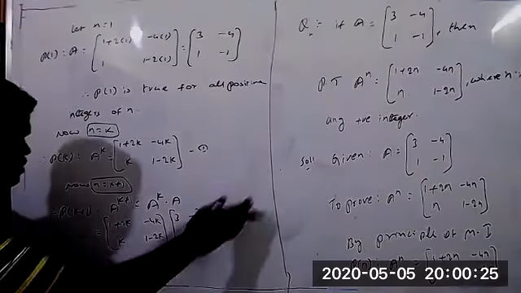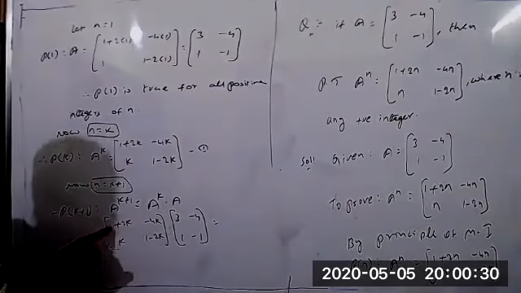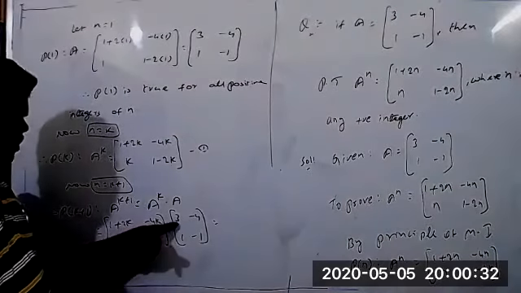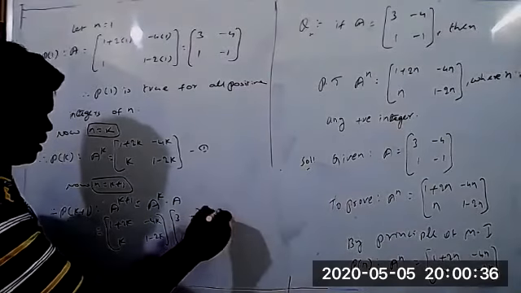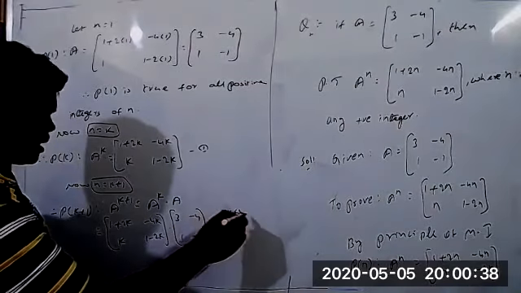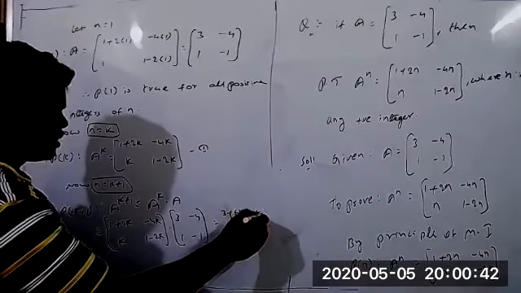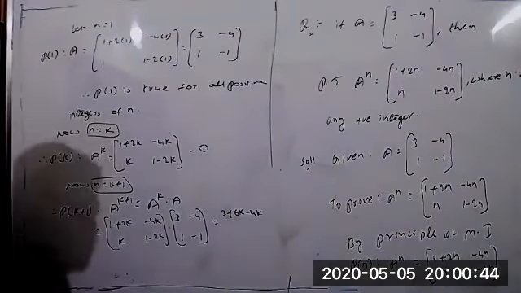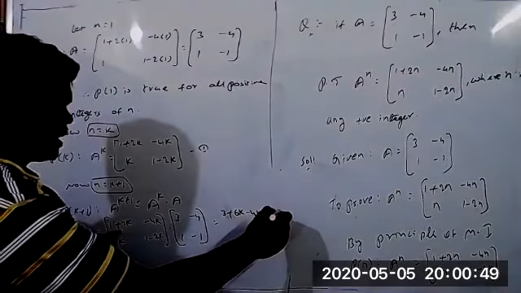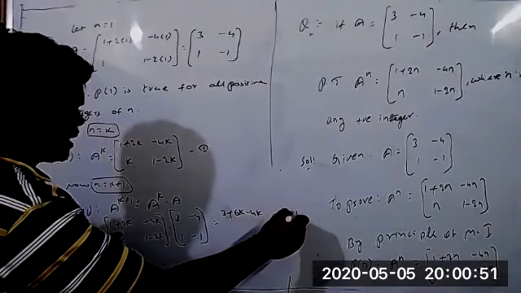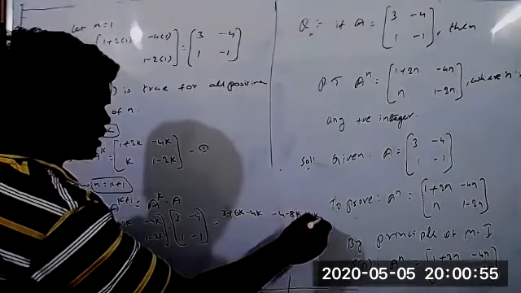Now multiply the values. 3 into (1 + 2k) equal to 3 + 6k, minus 4k. This is the first term. Next, -4 into this value: -4 minus 8k, minus into minus equal to plus 4k.